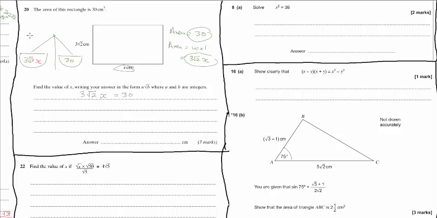But if I wanted to do it step by step, I could divide by 3 first. That turns the 30 into 10. So root 2 times x equals 10. Finally, I just divide by root 2, so x equals 10 over root 2.